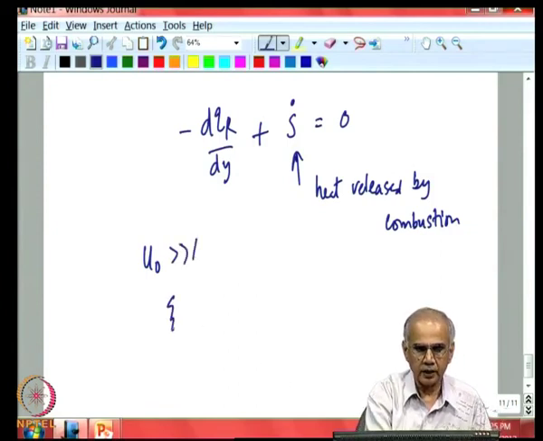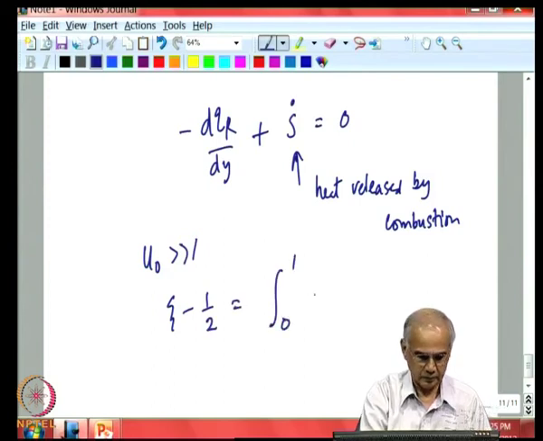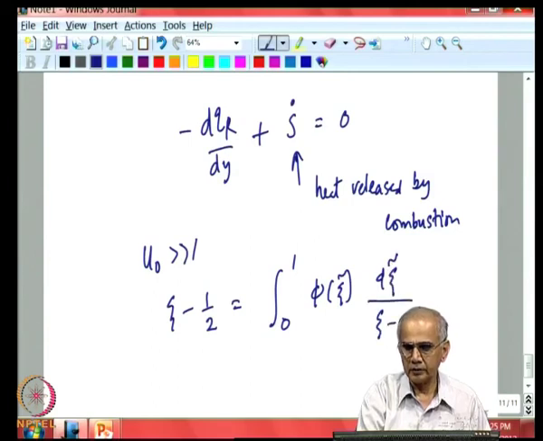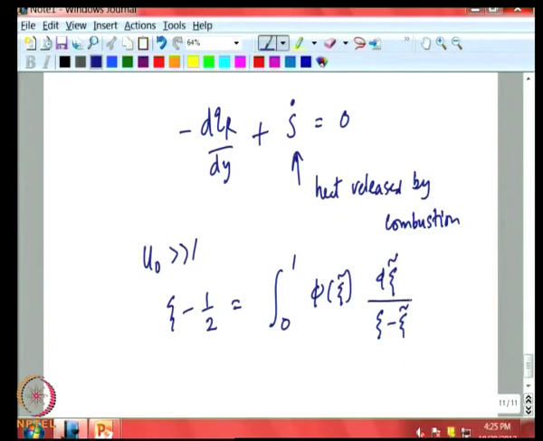This is written as psi minus half equals integral from 0 to 1 of phi of psi tilde d psi tilde over (psi minus psi tilde), where phi is a non-dimensional temperature profile.